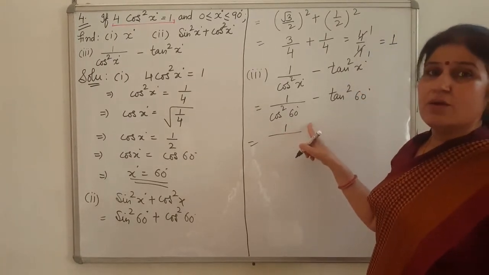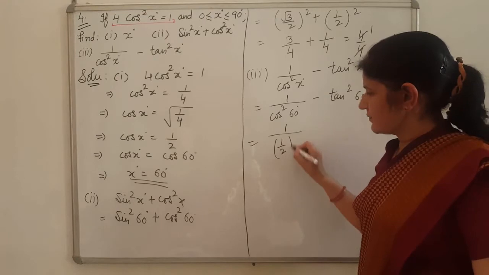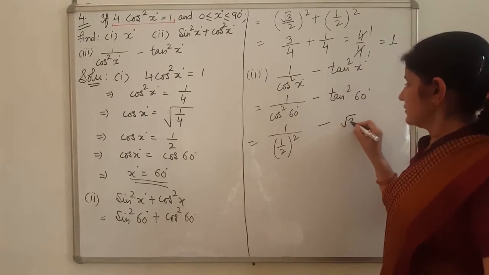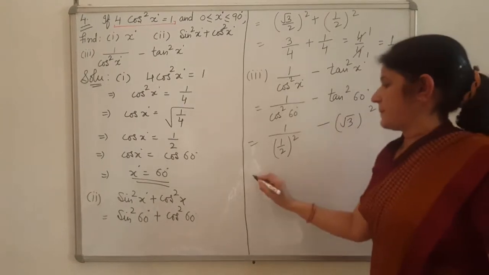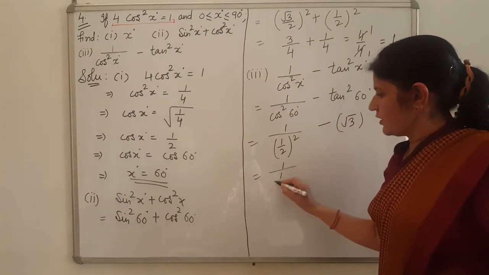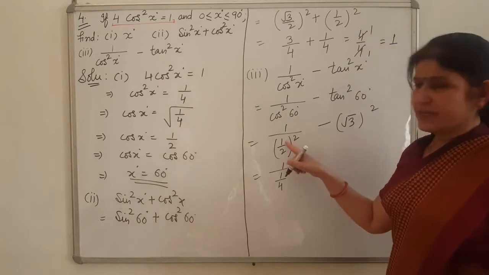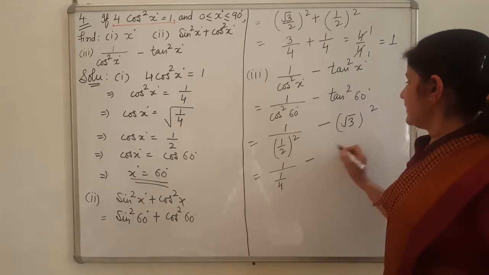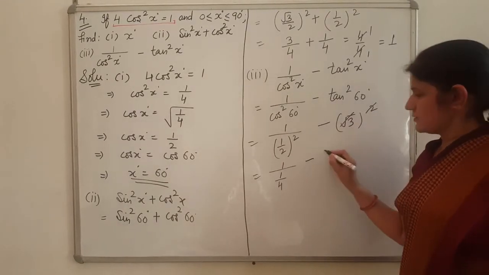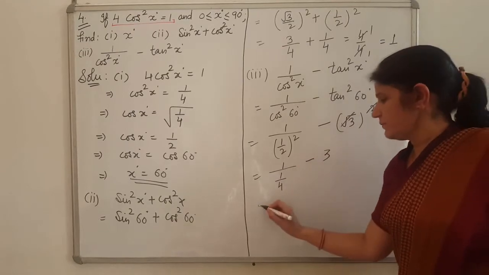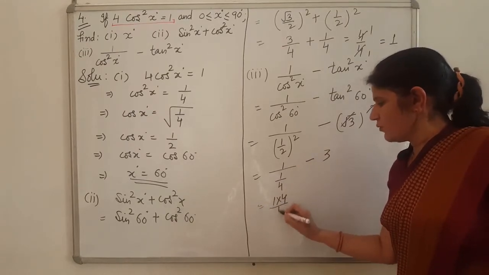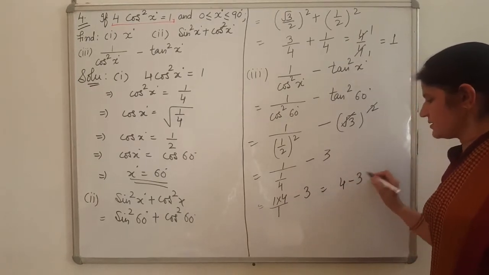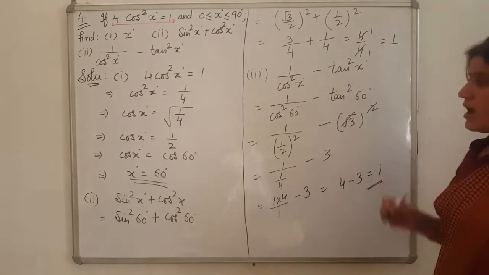Value of cos 60 is 1 over 2, and its square is 1 upon 4, because the square of 1 is 1 and the square of 2 is 4. Minus, and here root 3 squared is 3. Take reciprocal. 1 into 4 upon 1 minus 3. 4 ones are 4. 4 minus 3 is 1. So these are the answers.